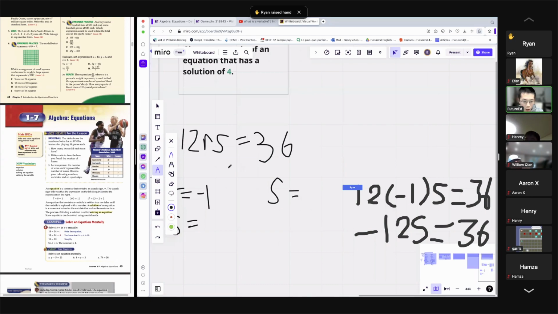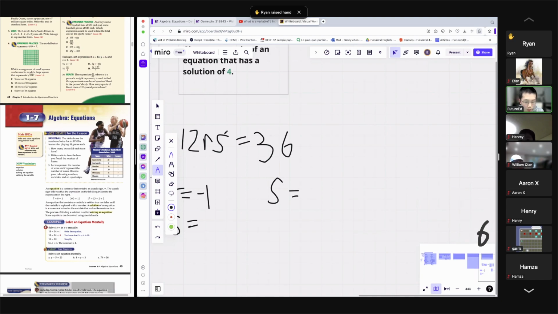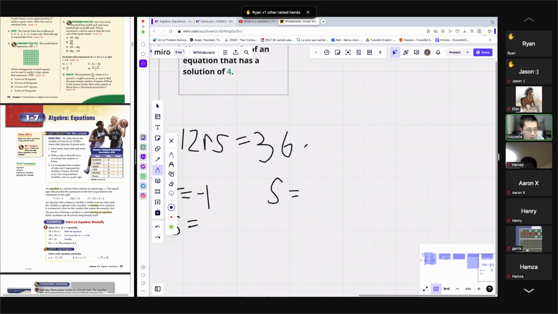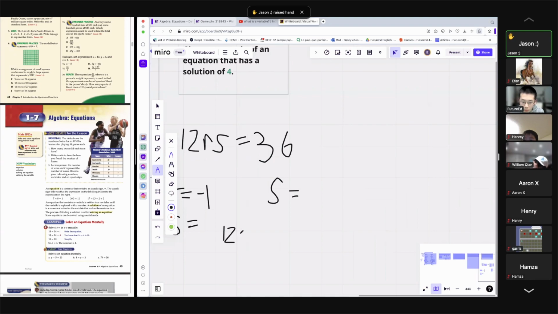Thank you, Ryan. Would anyone like to plug these answers in, maybe into a calculator, and verify that 12 r s is equal to 36? Jason? It is. Why do we need a calculator? Well, you don't need a calculator, but for some operations it is much easier to grab a calculator and do it right away.